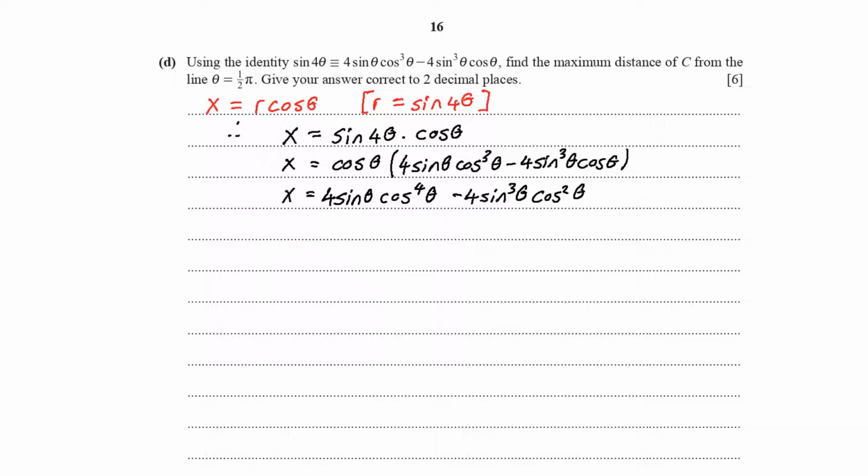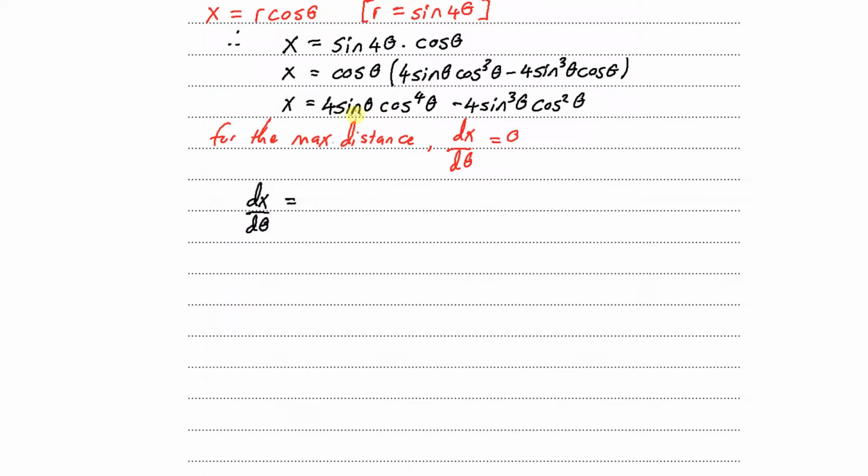Now, we know that for the maximum distance, dx by d theta should be equal to 0. So let us find dx by d theta. Let's differentiate x with respect to theta. Alright. Let's start with 4 sine theta cos to the 4 of theta. We're going to use the product rule for differentiation.